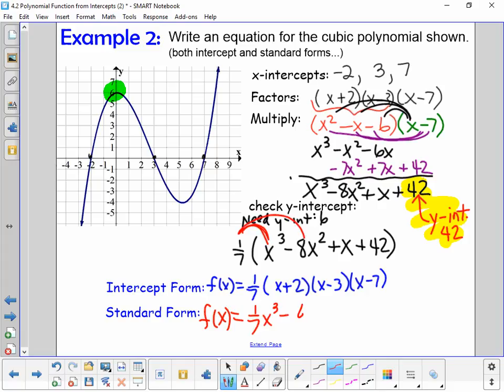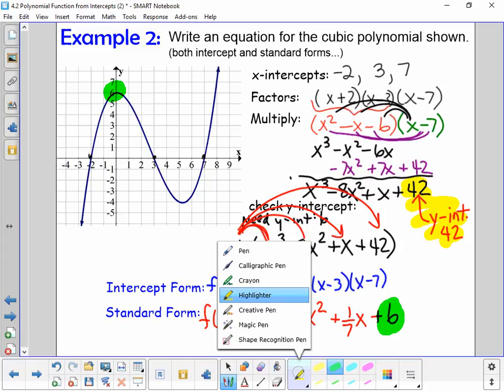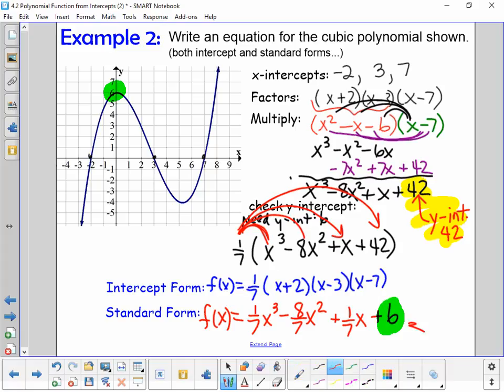It'll be a -8/7 x squared. And it's okay to leave that as a fraction like that. And then it will be a 1/7 x, and then finally 1/7 times 42 is 6. So you can see that by multiplying by that fraction, we now have a y-intercept of 6, just like what we wanted to match our graph.